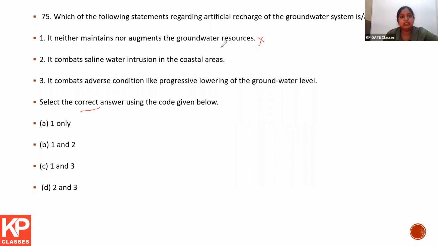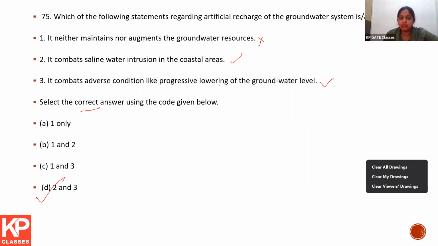It does maintain or augment the groundwater resources. It can combat saline water intrusion in coastal areas. That's the correct answer. It can combat adverse conditions like progressive lowering of groundwater level, yes. So options 2 and 3 are the correct ones about the groundwater artificial recharge. So option D is the correct answer.